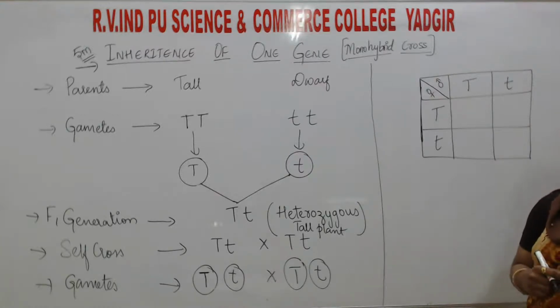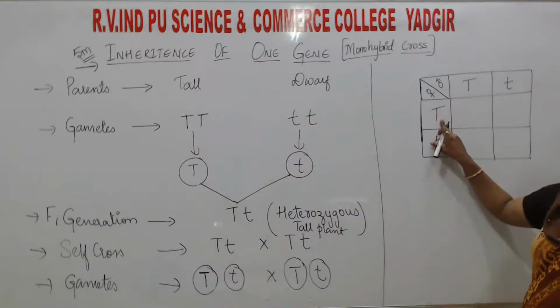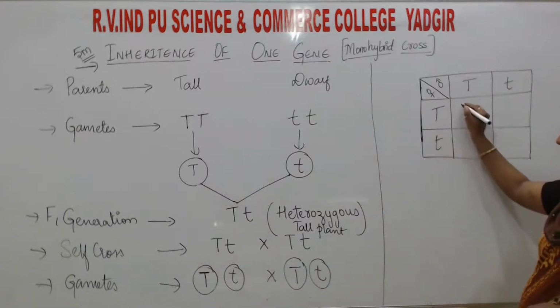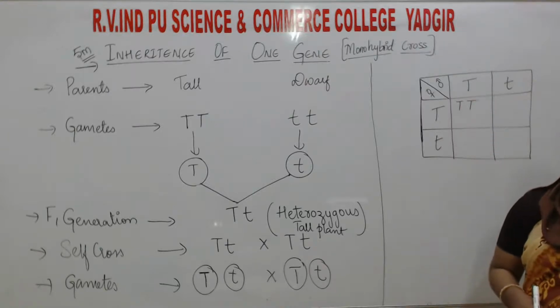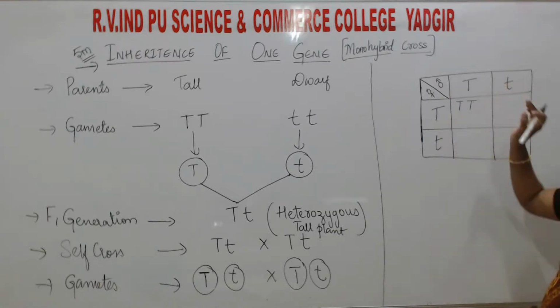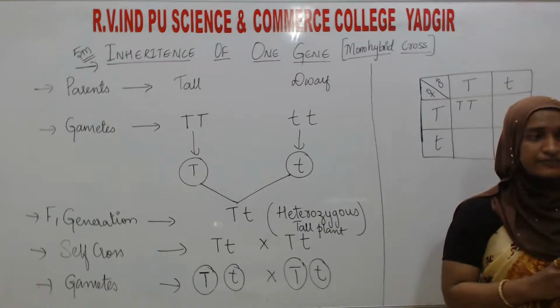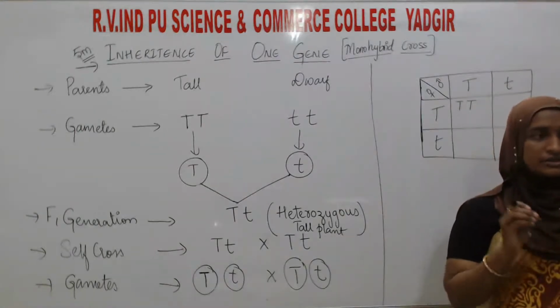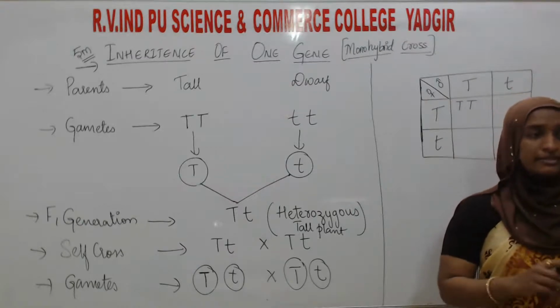How we can cross: capital T into capital T, in this way, that will become capital T, capital T. Then capital T into small t, and always the dominant gene should be written first. Then we write the recessive gene.